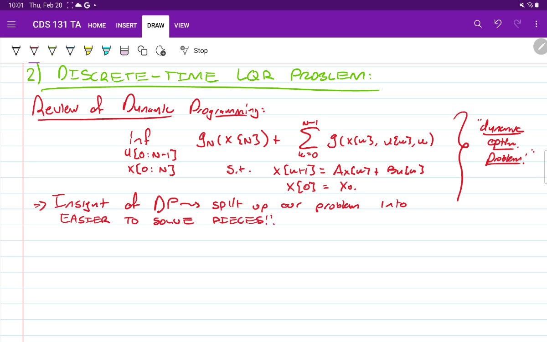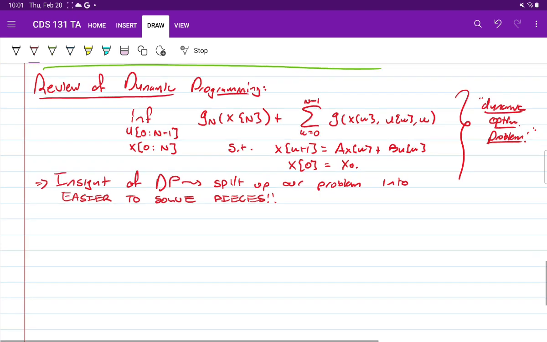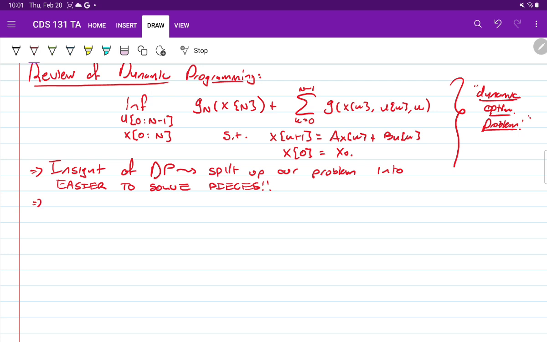And once we perform these splits, and solve these easier pieces of this optimal control problem, we can piece together these little solutions to figure out a solution to our big overall problem, okay? So let me go through how we actually perform this split, right? Let me start off with a little bit of motivation, okay? So what's a really basic way to split up this problem into some sort of easier problem? Well, what we can do is try splitting up the cost function.